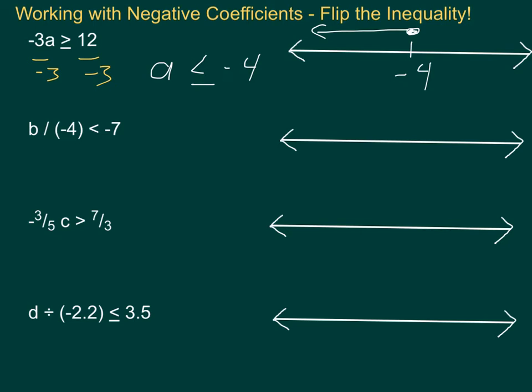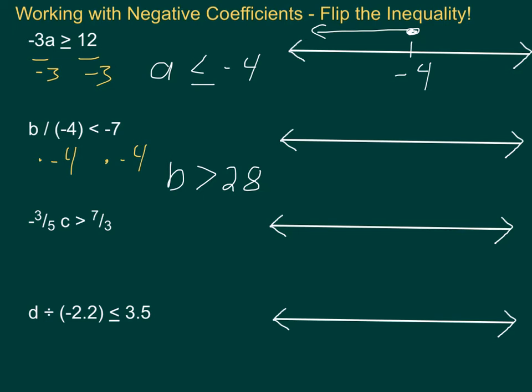All right, next one. b over, or divided by, negative 4 is less than negative 7. So when that's the case, I'm going to multiply by negative 4. And I'll get b. Now I multiplied each side by a negative, so I flip the inequality. And then negative 7 times negative 4 gives me 28.